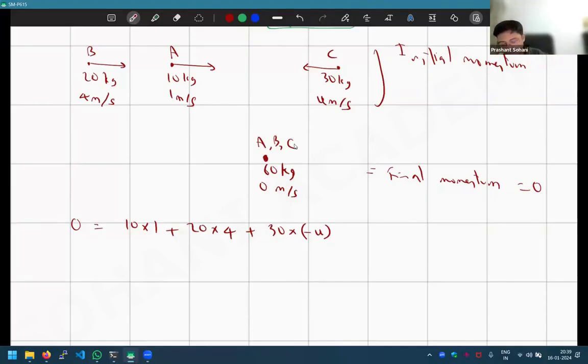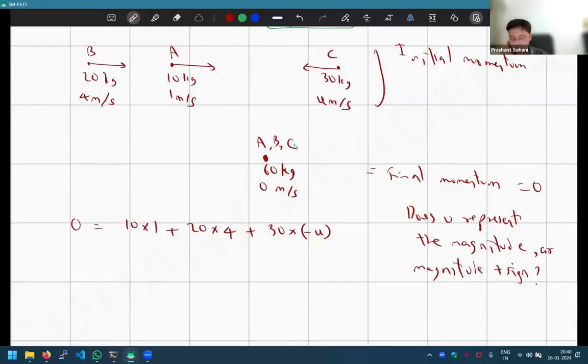So the question you have to answer is, does U represent the magnitude or magnitude plus sign? Choose one of the two. Don't get confused by using the magnitude half the time and magnitude plus sign the other half, or you'll create a lot of confusion. So choose any one strategy and use it uniformly.